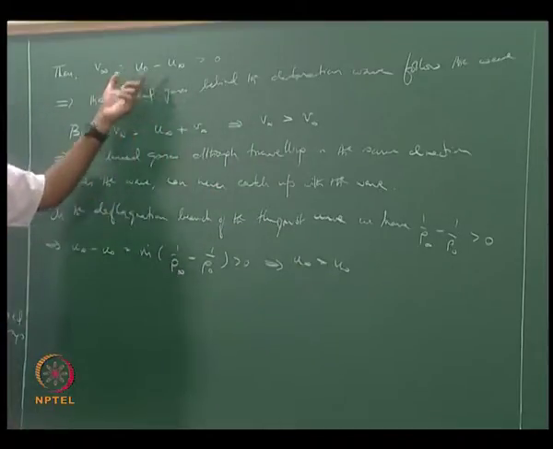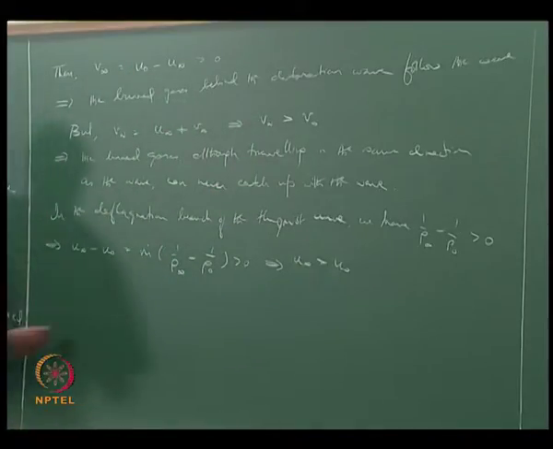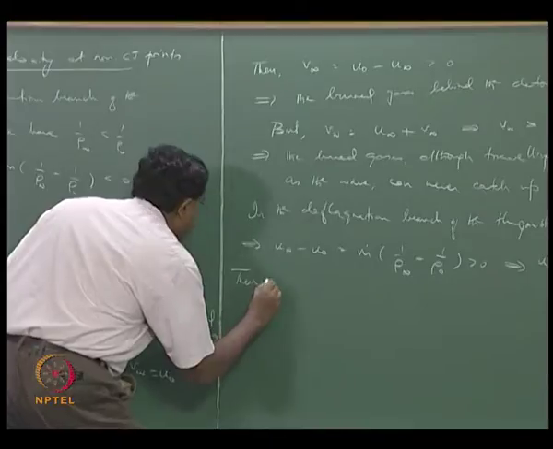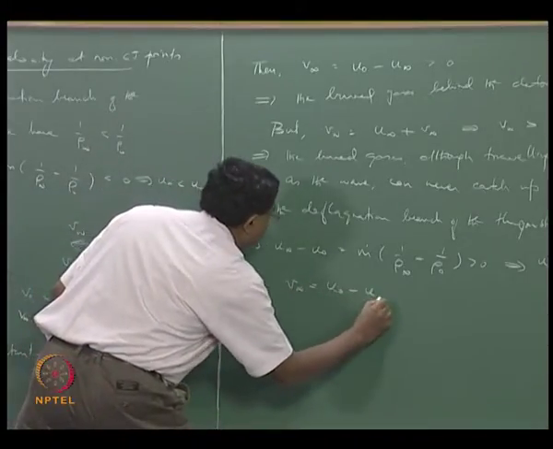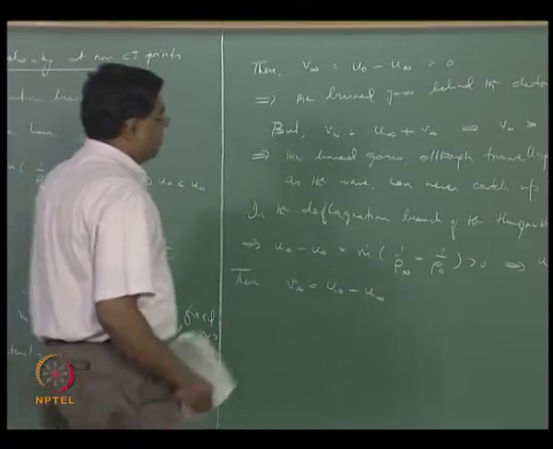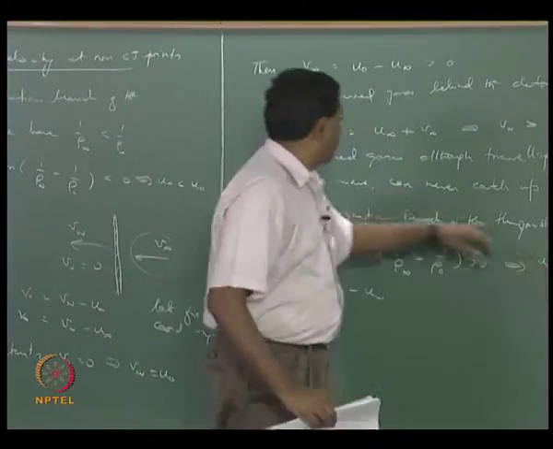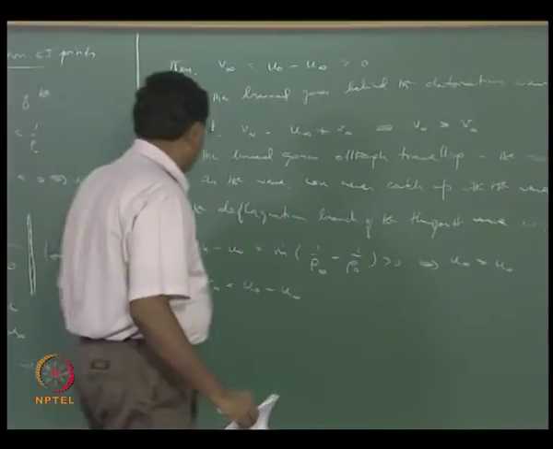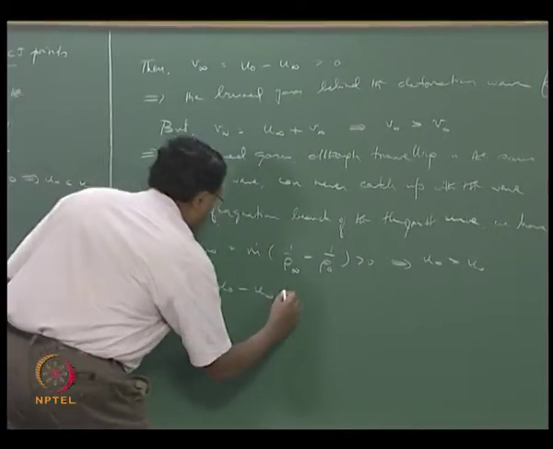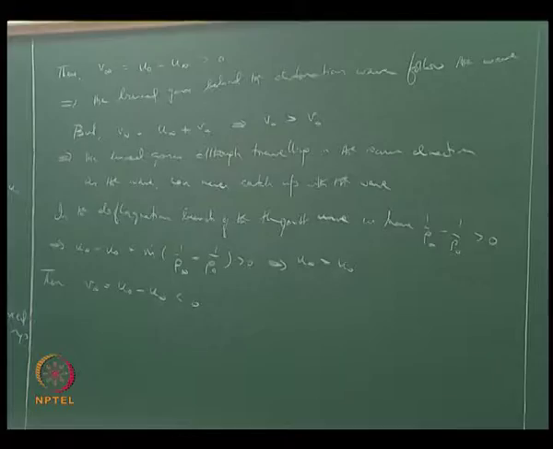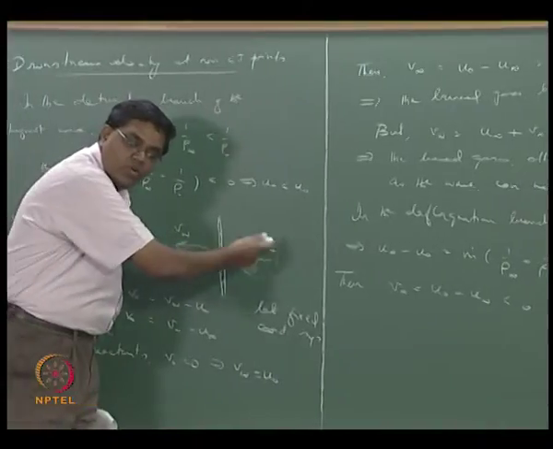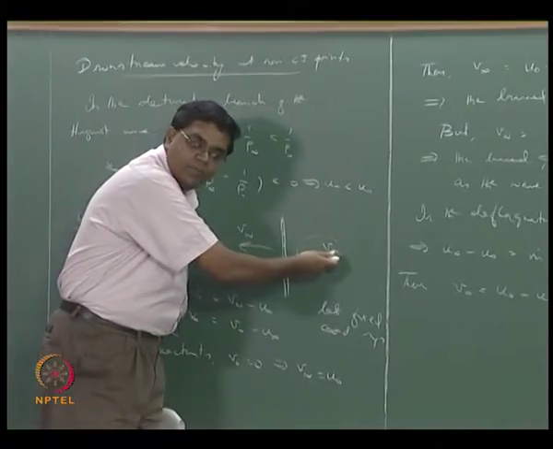If you now plug it in here, v infinity equals u naught minus u infinity. Since u infinity is greater than u naught, u naught minus u infinity is going to be less than 0, which means v infinity is negative. V infinity being negative means the arrow is going to get flipped.